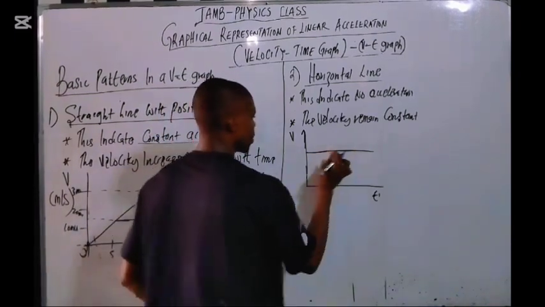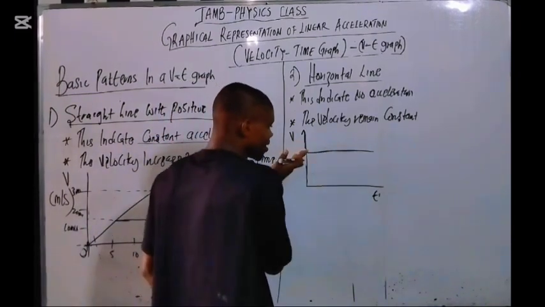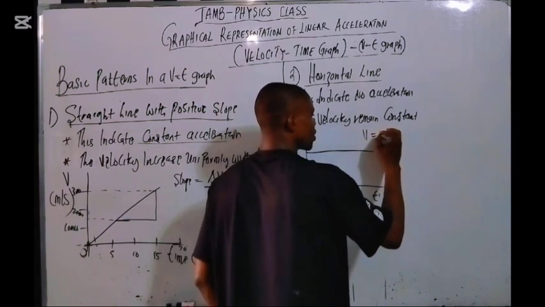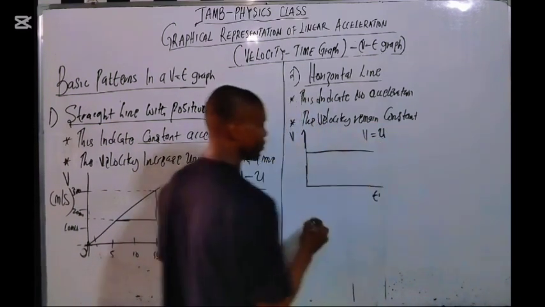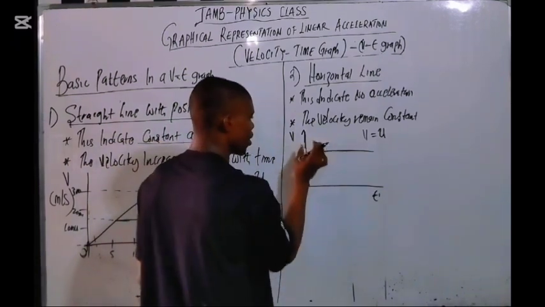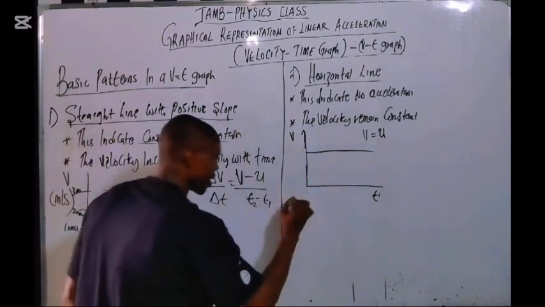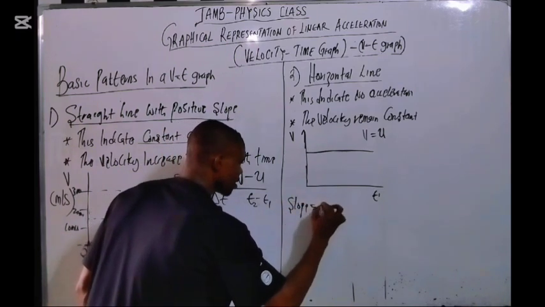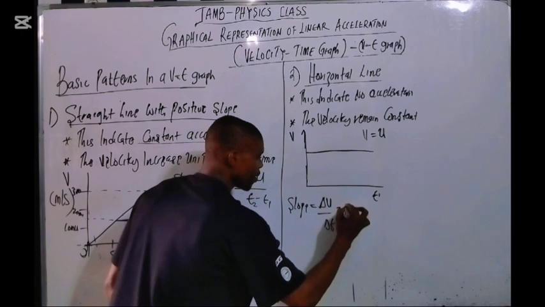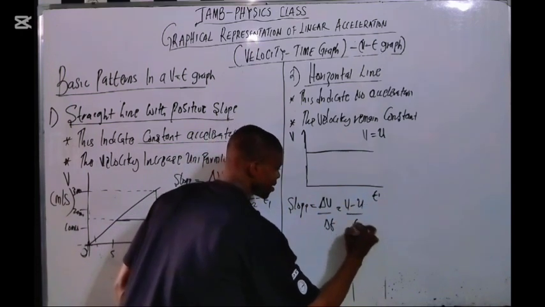So in this horizontal line here, the final velocity is the same as the initial velocity because there's no change in velocity. If you now use the slope, which is acceleration, equals change in v over change in t, that is v minus u over t, right?